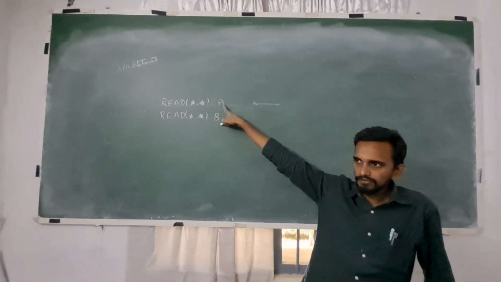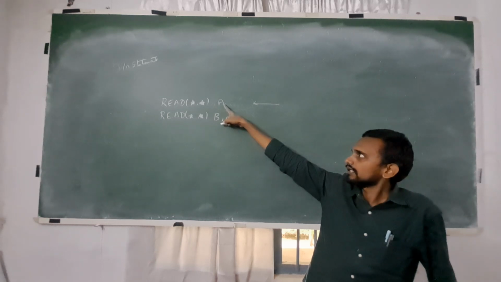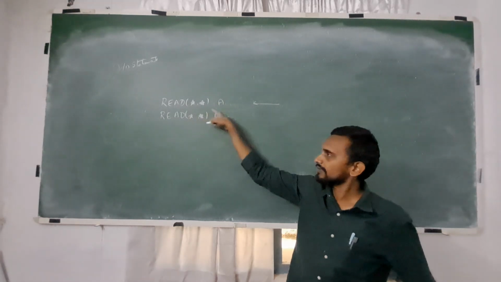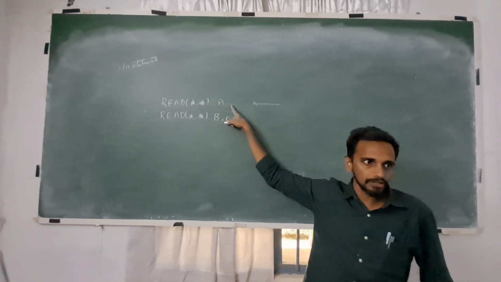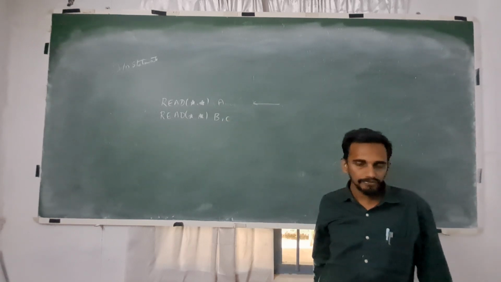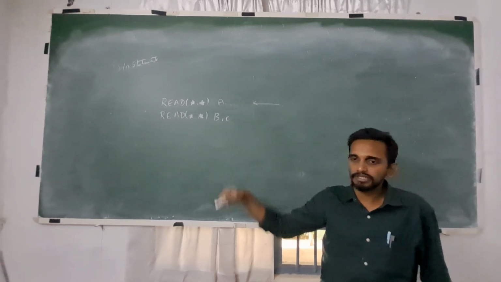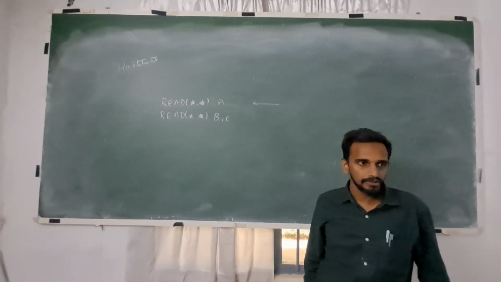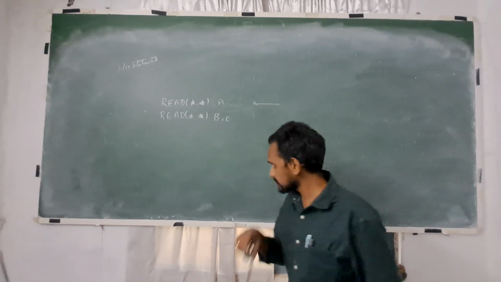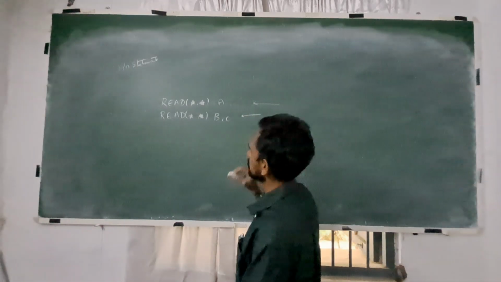It reads one variable and this command will terminate. Control goes to the next line. So here it will read 2 variables. If not found, it will go to the next line. So that is the criteria here.